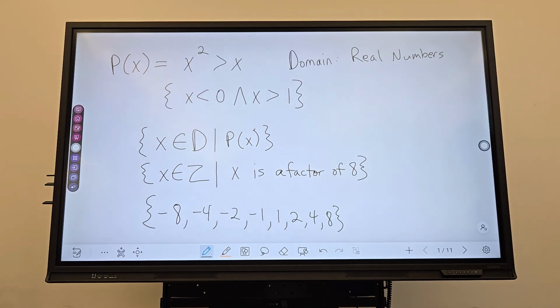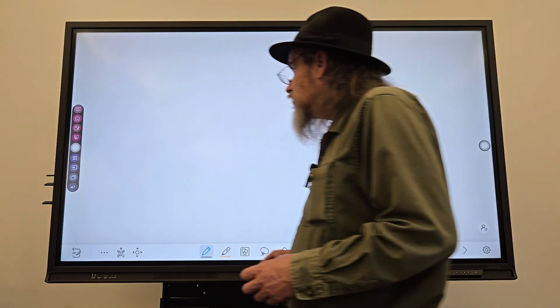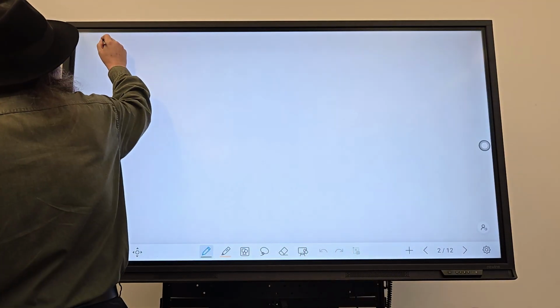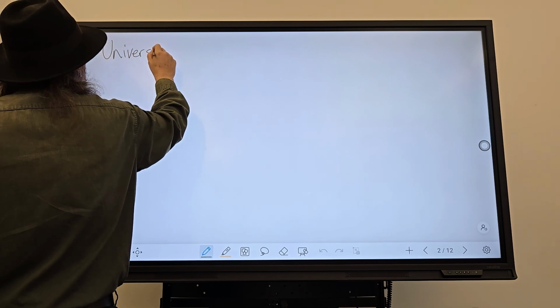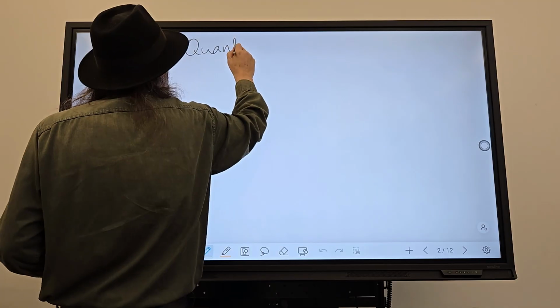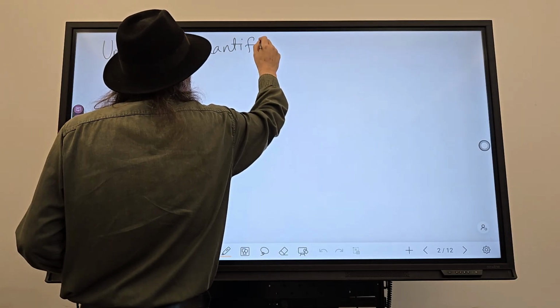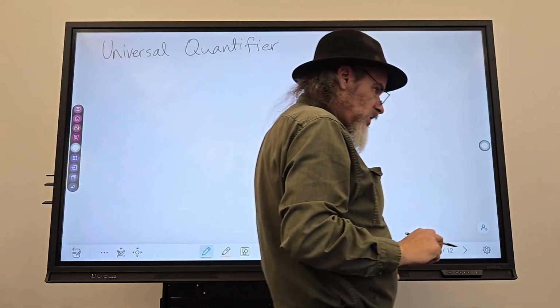All right, let's see here. Now we have universal quantifiers. What is the universal quantifier?